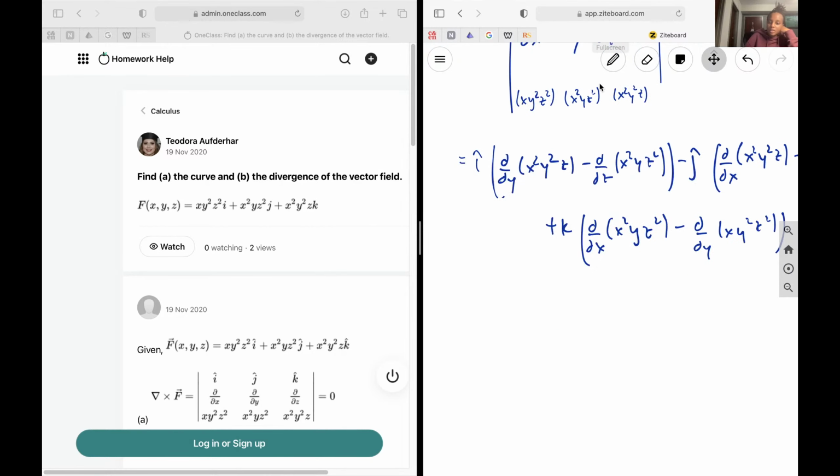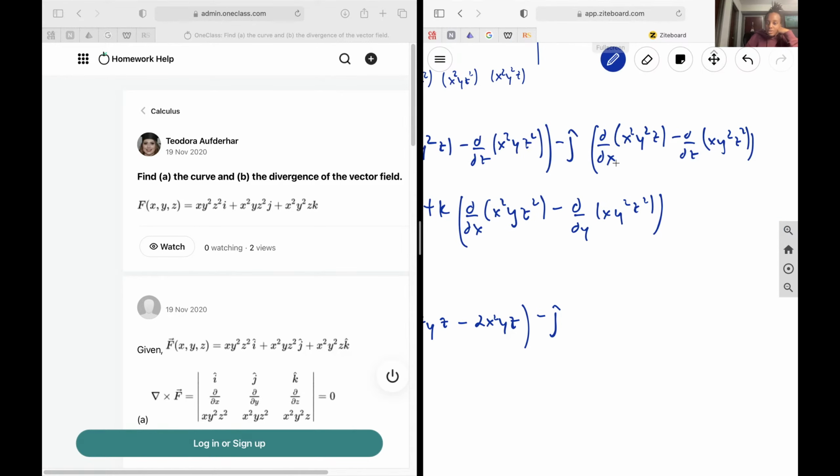Okay, and then I'm just going to put that all together. This will lead to, in the i component, the derivative of this with respect to y, which is 2x squared y z, minus the derivative of this with respect to z, which is 2x squared y z. So this is obviously 0. Minus, in my j component, the derivative of this with respect to x is going to give me 2x y squared z, minus the derivative of this with respect to z, which is going to give me 2x y squared z.